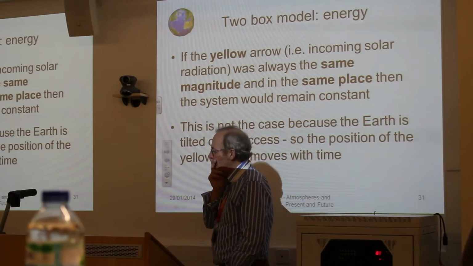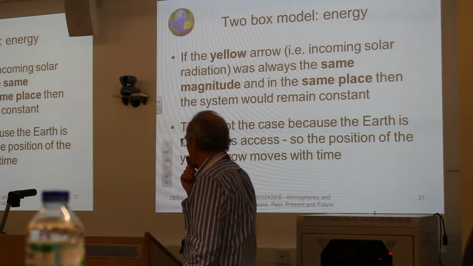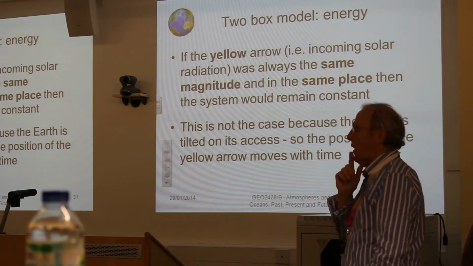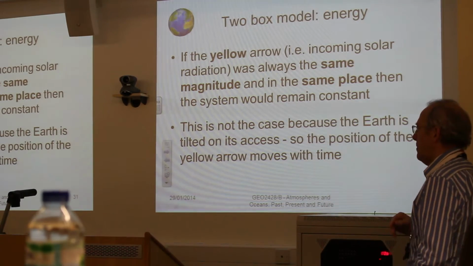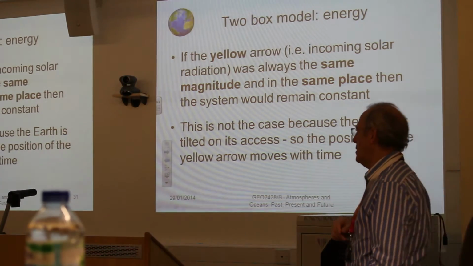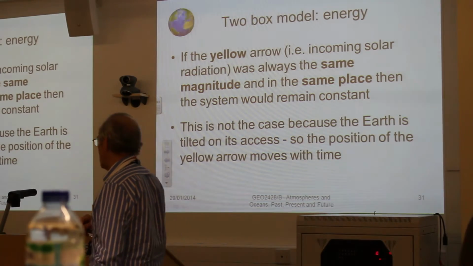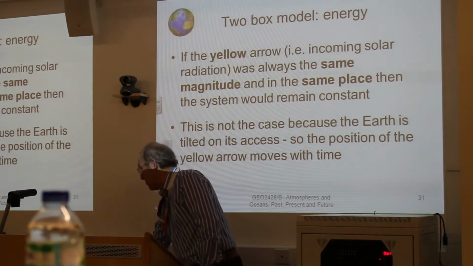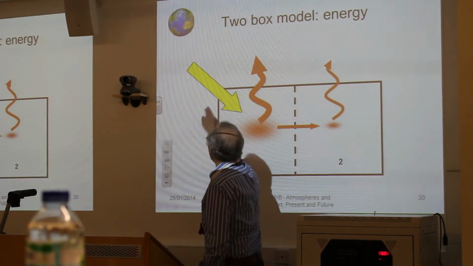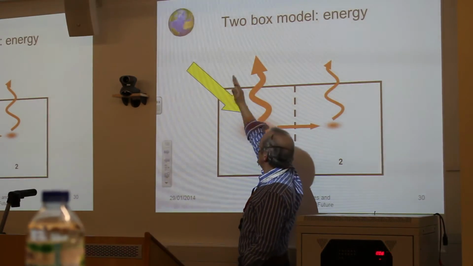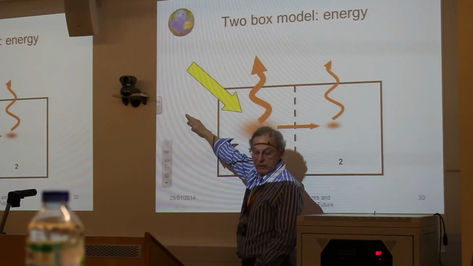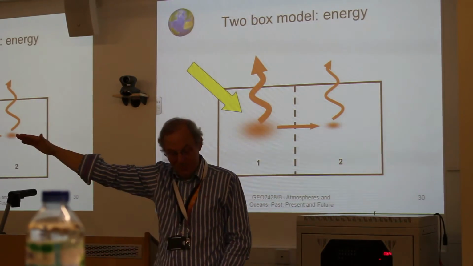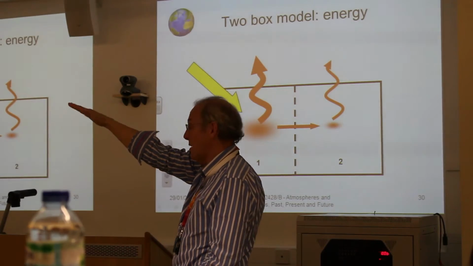If the yellow arrow was always the same magnitude in the same place, the whole system would just stay constant. But that's the bummer, it's not. The Earth is tilted, so the position of the yellow arrow changes through time. Like today, it's pretty low off, it's pretty incidental heat coming in.